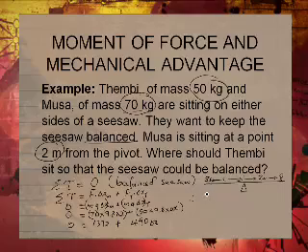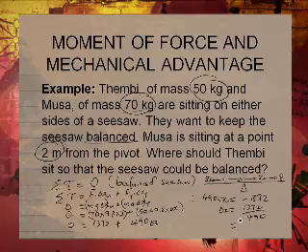Therefore, 490 delta x equals minus 1372, so delta x equals 1372 divided by 490.